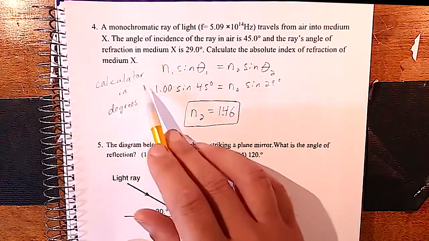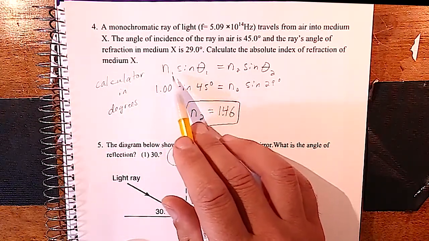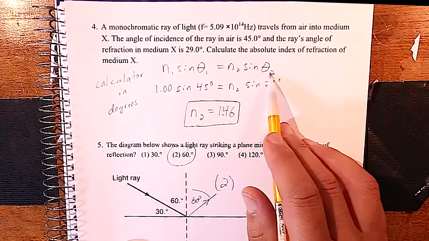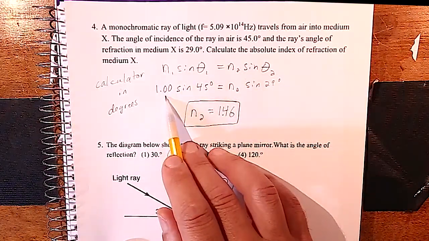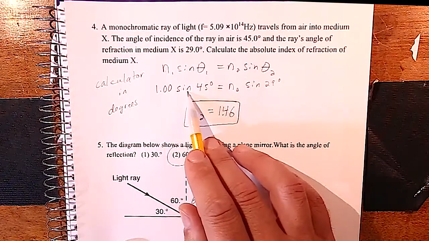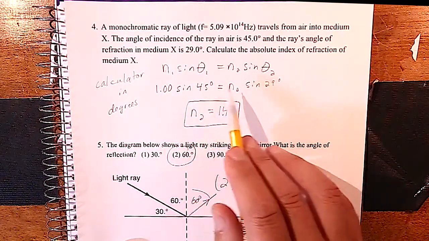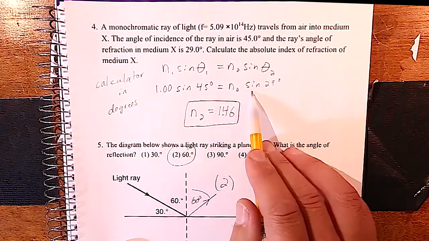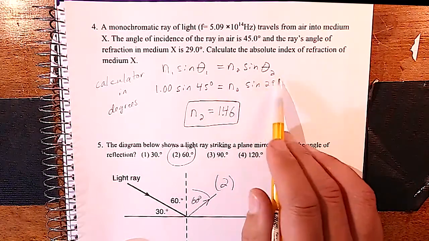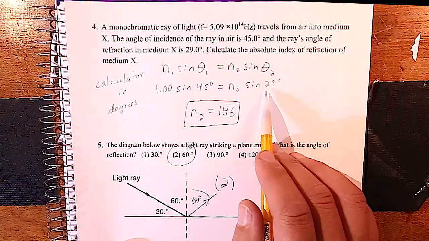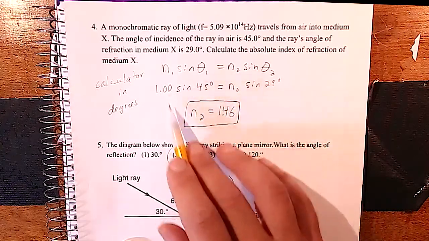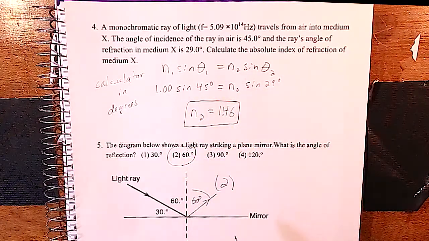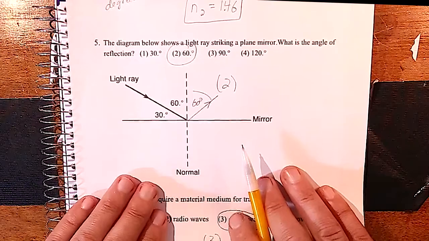Remember, your calculator needs to be in degrees. And n1 sine theta 1 equals n2 sine theta 2. Air, our first medium, is 1. The angle of incidence is 45. Here's our unknown material, and sine of 29 is going to be our angle of refraction. So we just do the algebra and solve for n2.